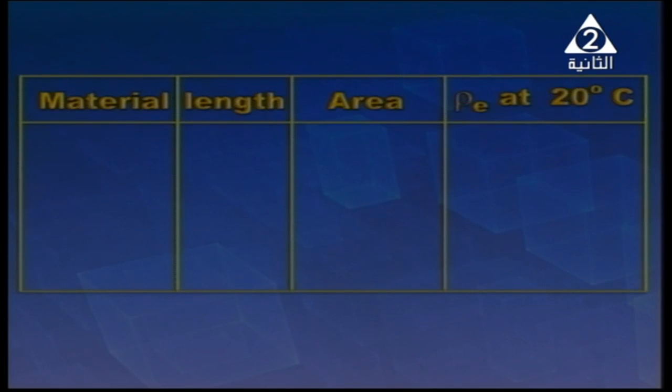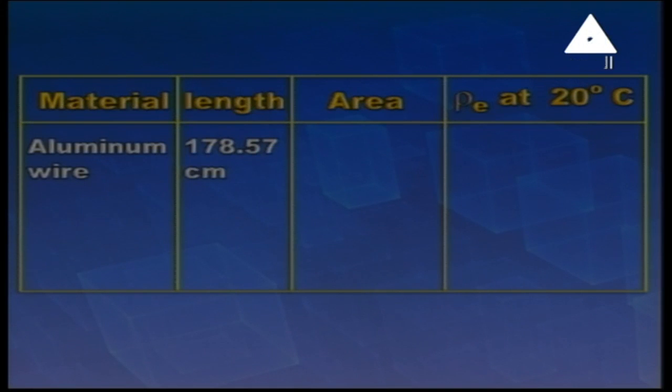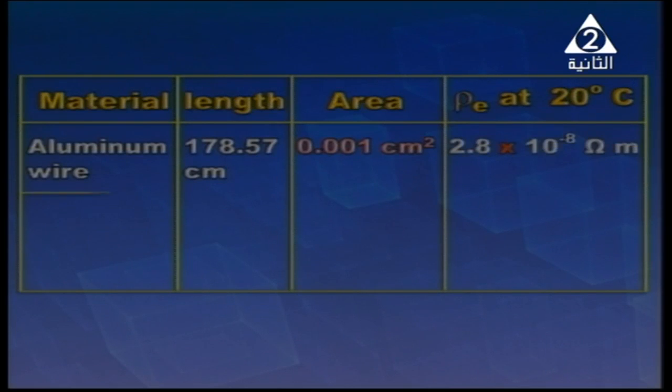Another problem, but it is very important. Here we've got a table with different types of wires. Aluminum wire: its length is mentioned, 178.57, area also, and resistivity at 20 Celsius.